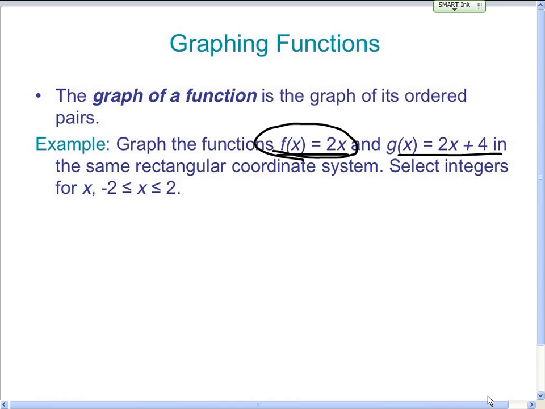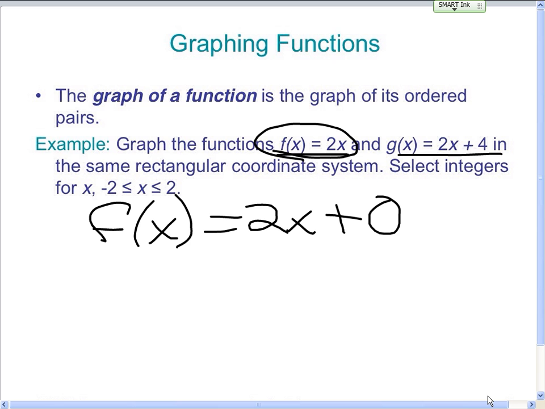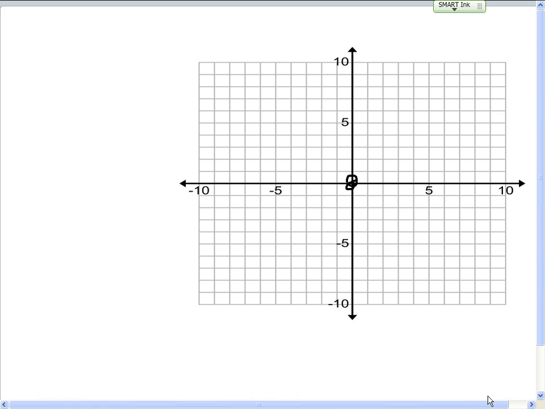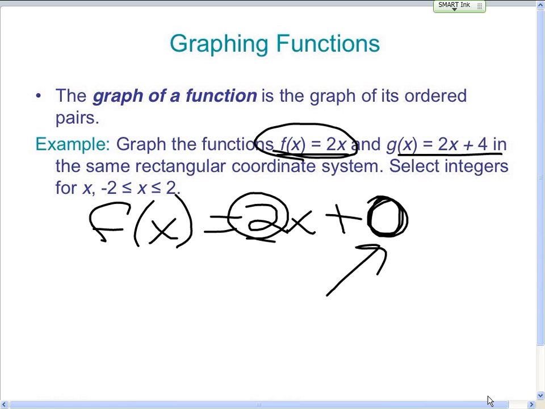So let's take a look at their f function. f of x is equal to 2x, and this is in slope-intercept form. If you put plus 0, this number is where we put a point on the y-axis, and this is our slope. So we're going to put a point on the y-axis at 0, and our slope is 2, or 2 over 1.